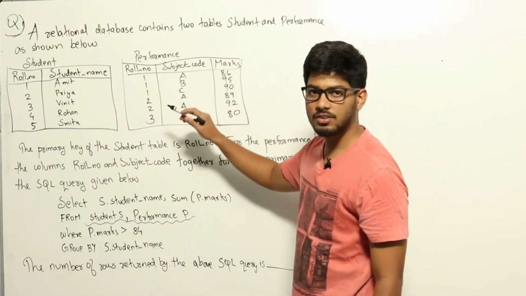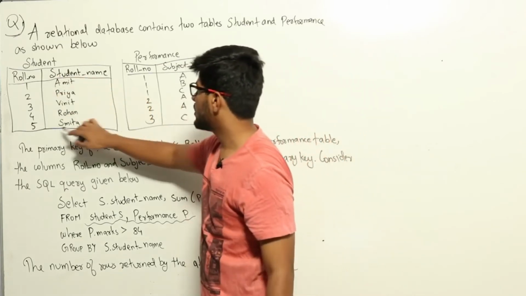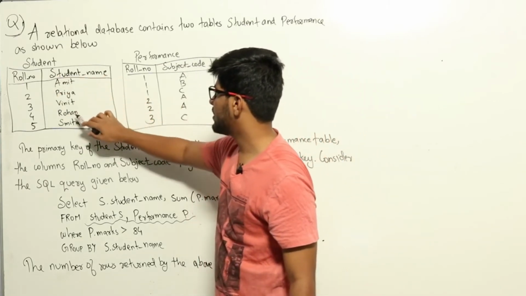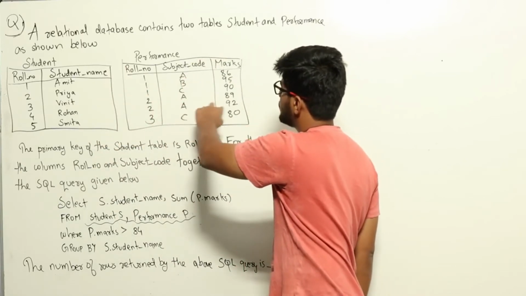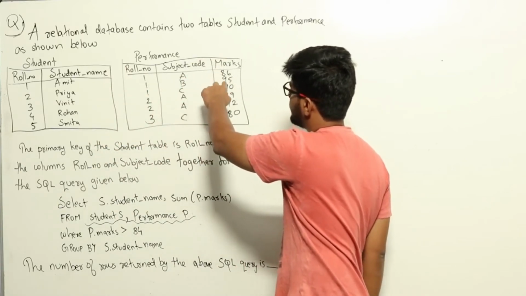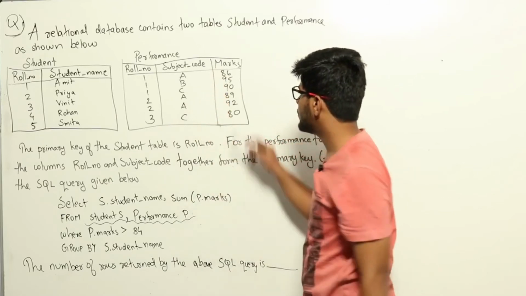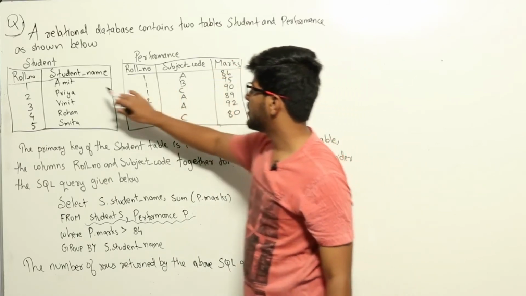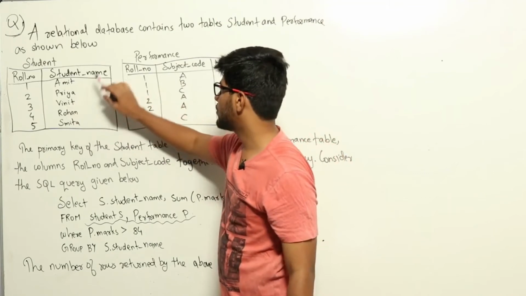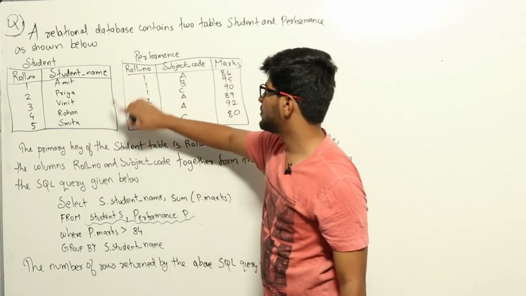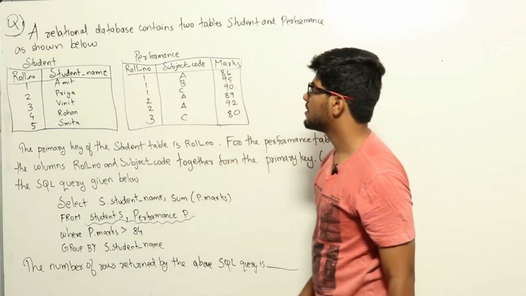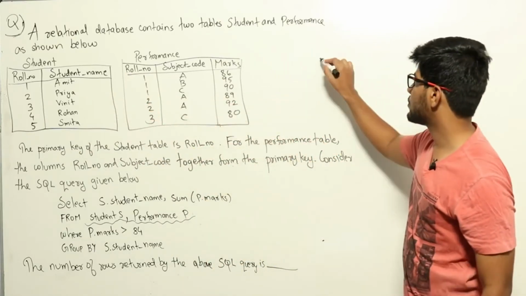So effectively what it will be returning is this particular column student name in 5 rows like this and the sum of all of these 5 rows together, 86 plus 95 plus 90 plus 89 plus 92, which will be the same thing returned for each of these 5 rows. So it will be returning student name in 5 rows like this and marks which will be the same for all the 5 students. So effectively it is returning 5 rows.